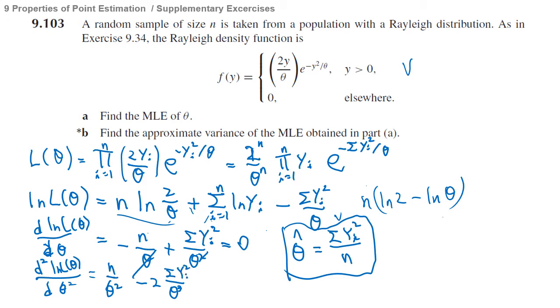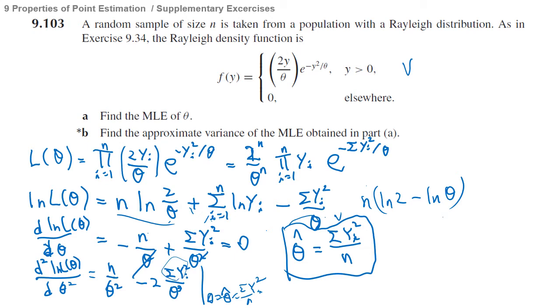Okay, and here you put theta equals theta hat, which is n over sum of yi squared, or maybe you can replace this as n theta hat.